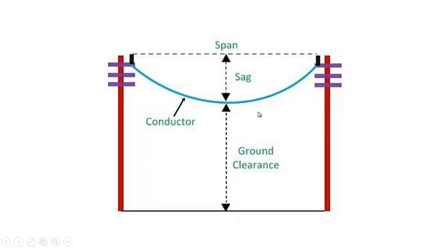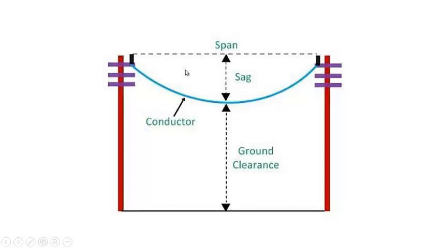So keeping in mind the minimum distance or specified ground clearance, we need to design the transmission line in such a way that its lowest point should be at a height greater than this minimum specified ground clearance.